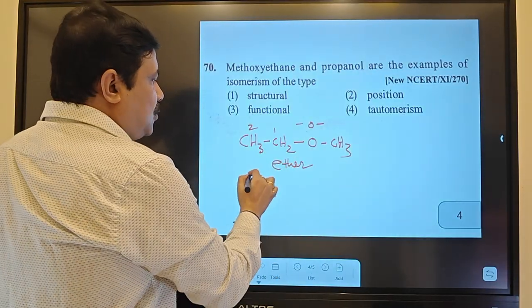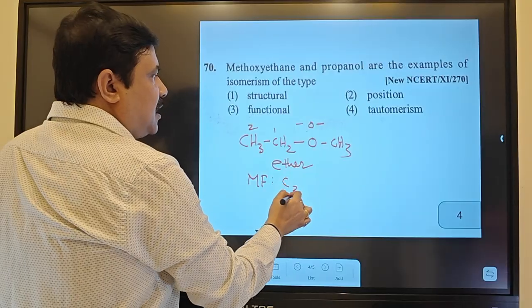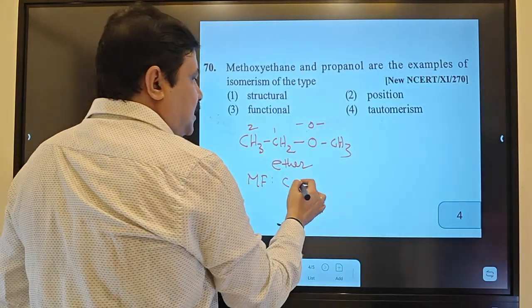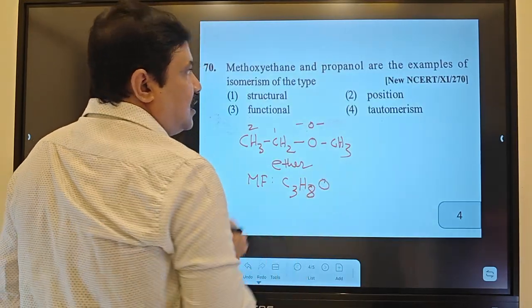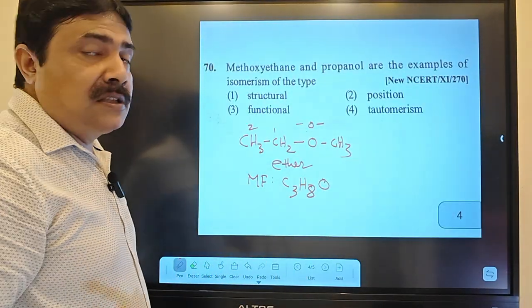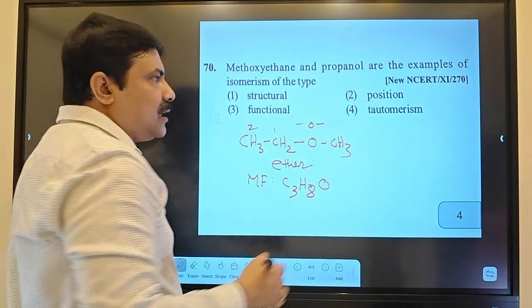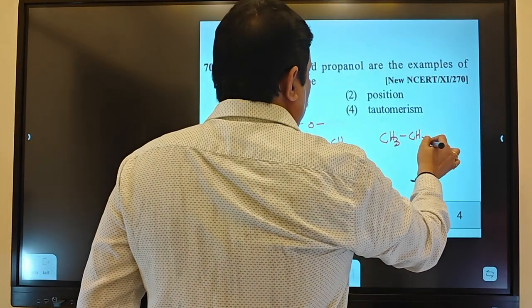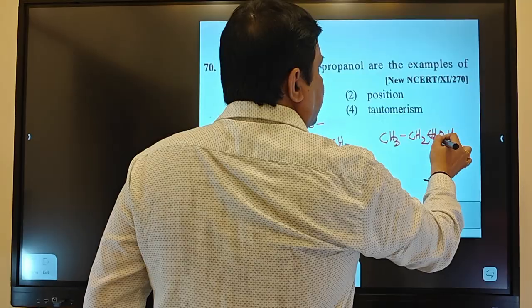Now the molecular formula. How many carbon? 3 carbon. How many hydrogen? 3 plus 2, 5 plus 3, 8. C3H8O. Whereas propanol, the ol means alcohol, a 3 carbon alcohol. So this is CH3, CH2, CH2OH.